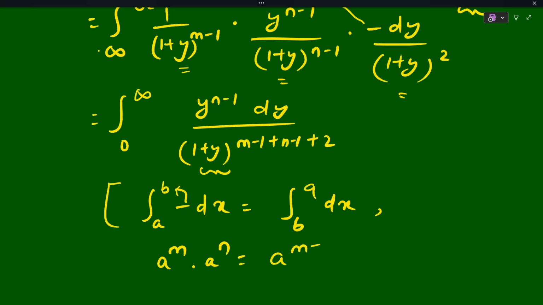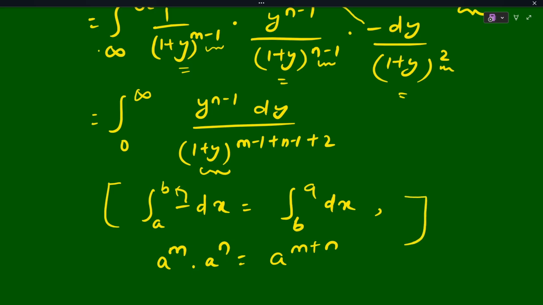See here the base was the same at one place. Here it was 1 plus y, here was also 1 plus y, here was also 1 plus y, so the base was the same, so I can add up the powers. So I added m minus 1 plus n minus 1 plus 2. So these are the formulas I have used.